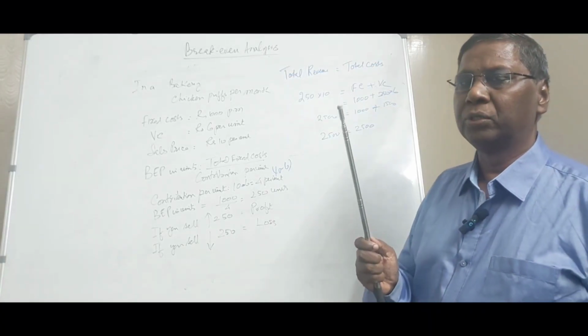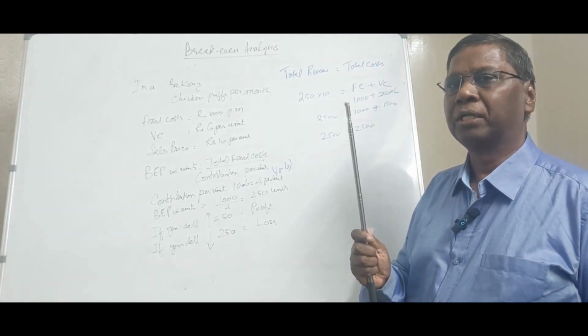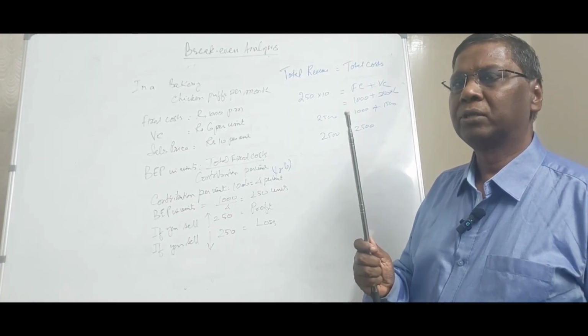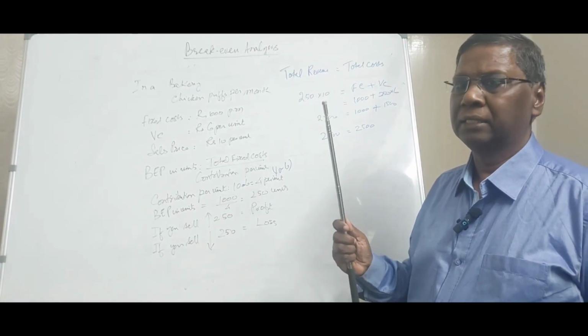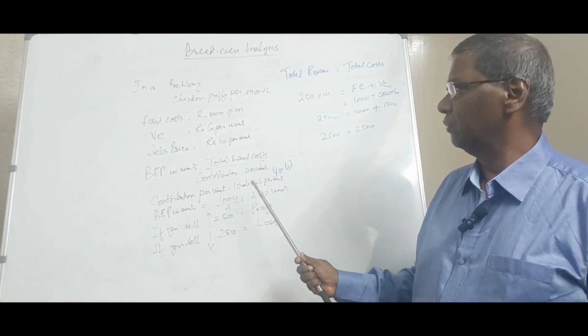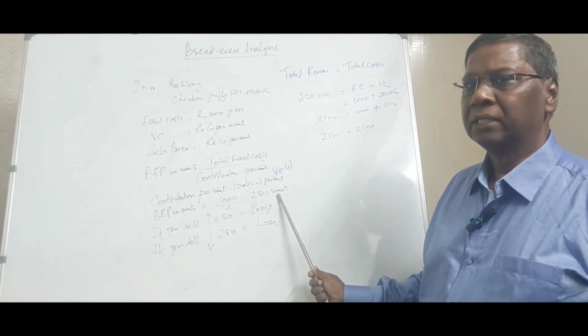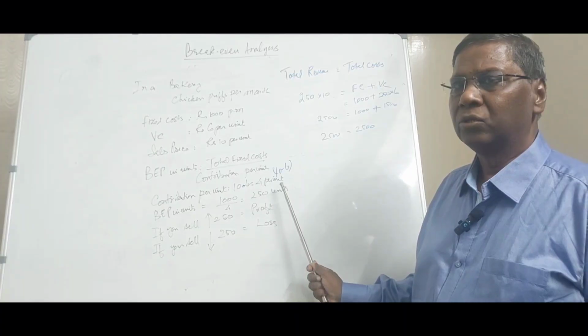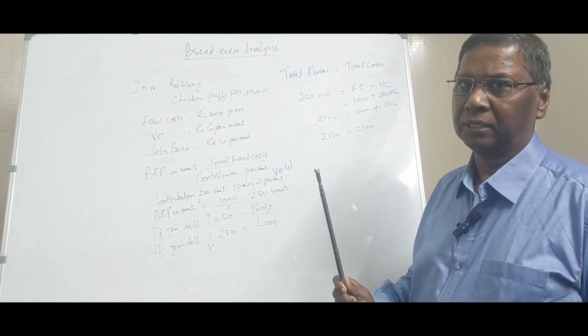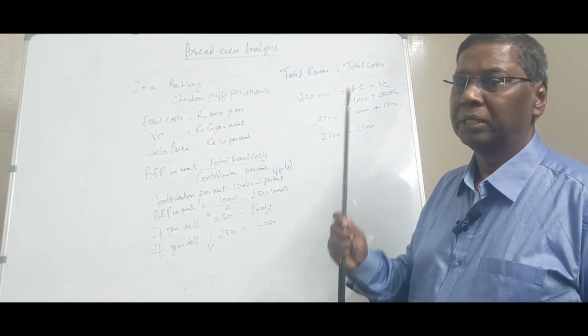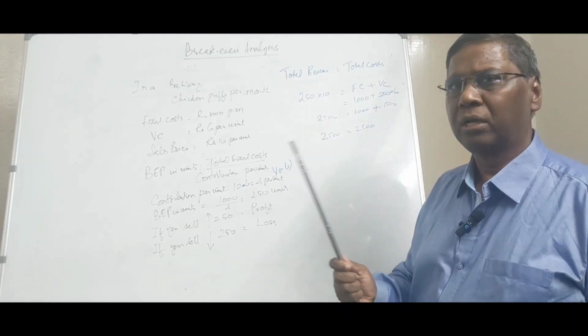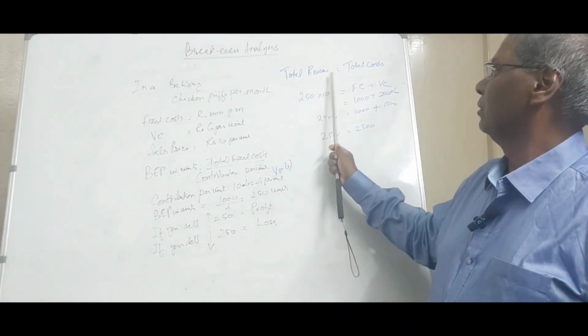Now I already told you, at the break-even point, total revenue is equal to total cost. Let us test it out. In this case, 250 is the break-even units. At this level the unit is making no profit, no loss. That means all costs are covered; total revenue is equal to total cost.